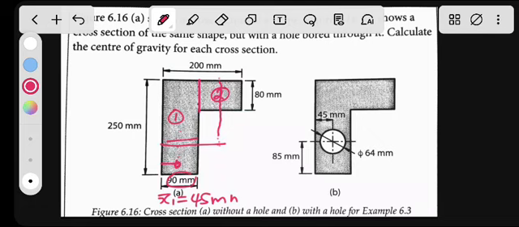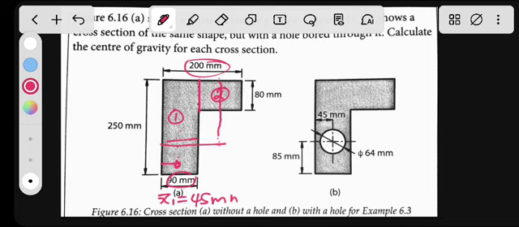We have 200 minus 90, which is 110. Then 110 divided by 2 gives 55.